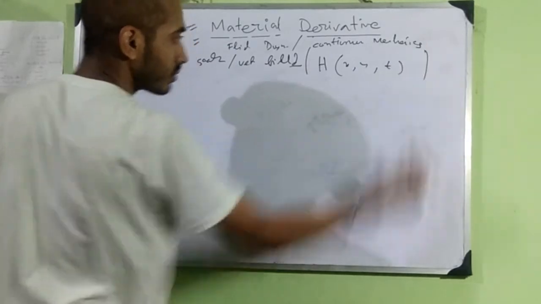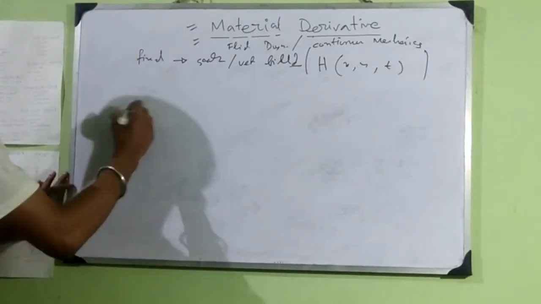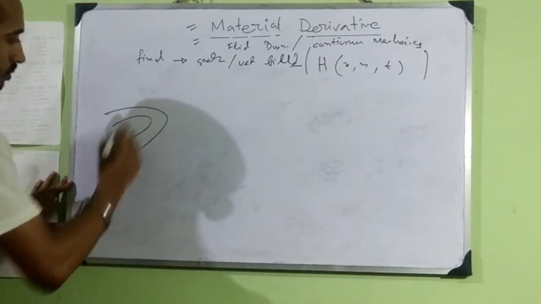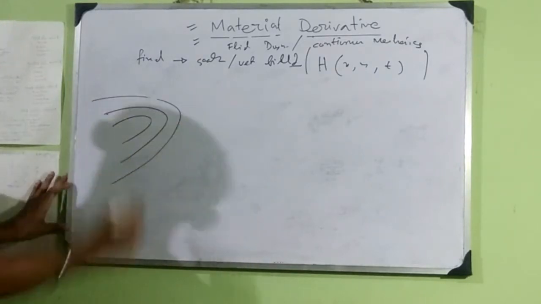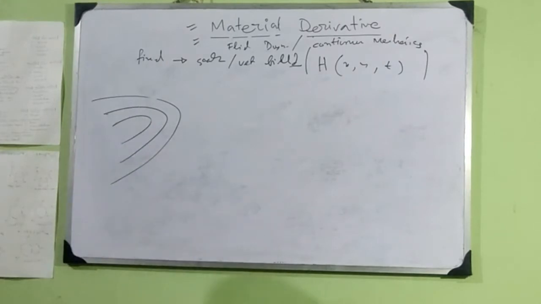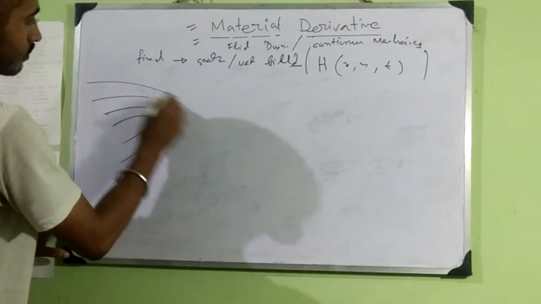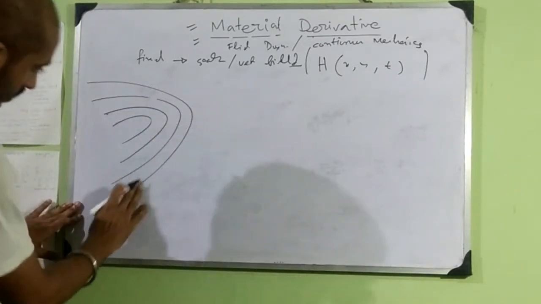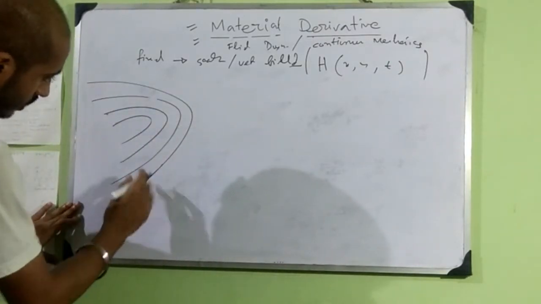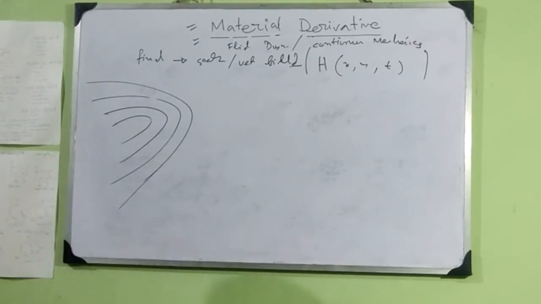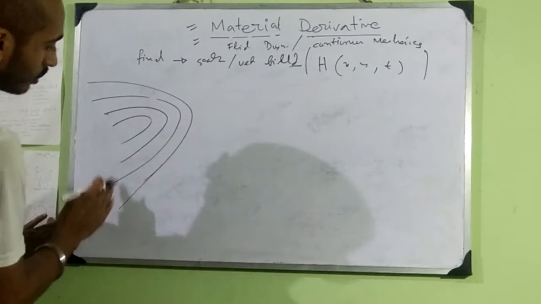Okay, so let's try to draw this constant heat curve like this, and actually these are parabolic type curves, because we know the heat equation always satisfies a parabolic equation.